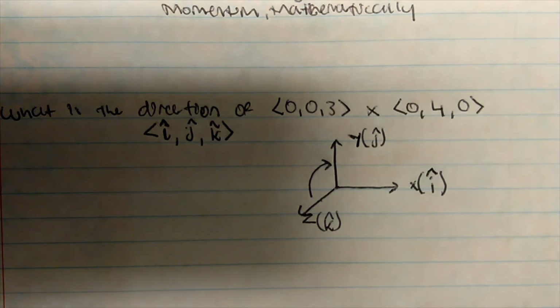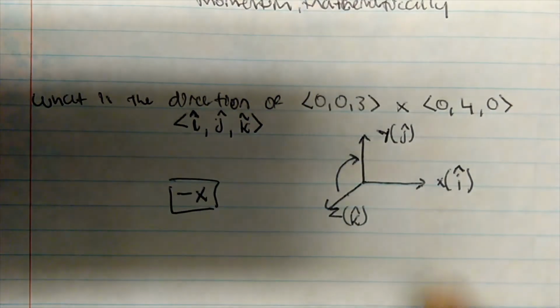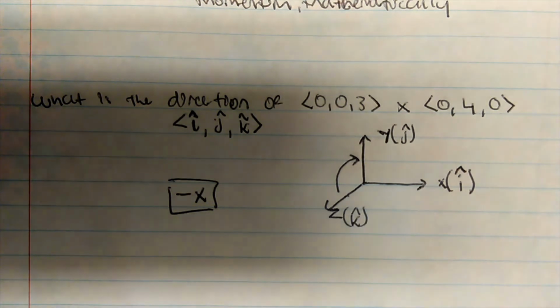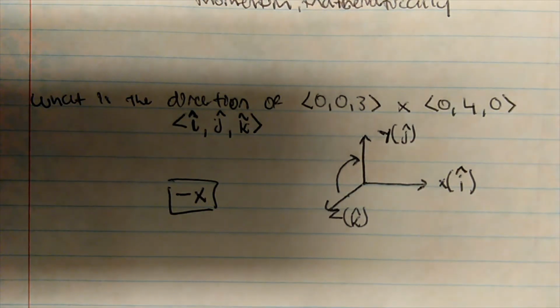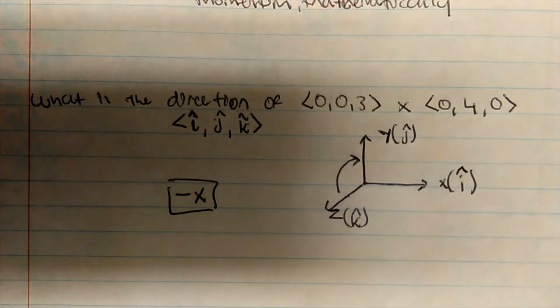Okay, so I'm going clockwise, and we usually represent clockwise with a negative. So we know the direction of this would actually be negative x. Whenever you're crossing those vectors clockwise, you're going to get that negative sign. If I'm going anti-clockwise, kind of like the unit circle, then we're going to get that positive value.